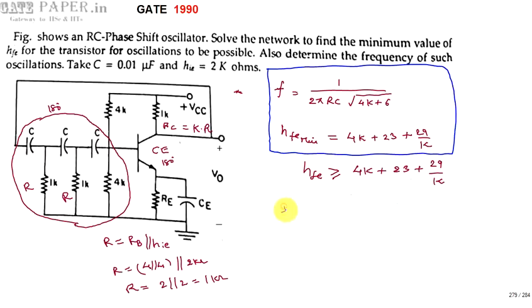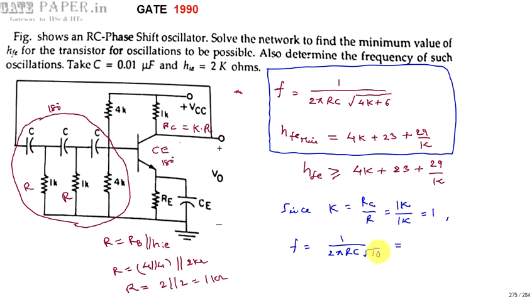Since K is defined as RC divided by R, and both are 1 kilo ohm, the K value is going to be 1. Since K is equal to 1, f becomes 1 by 2 pi RC into square root of 10.